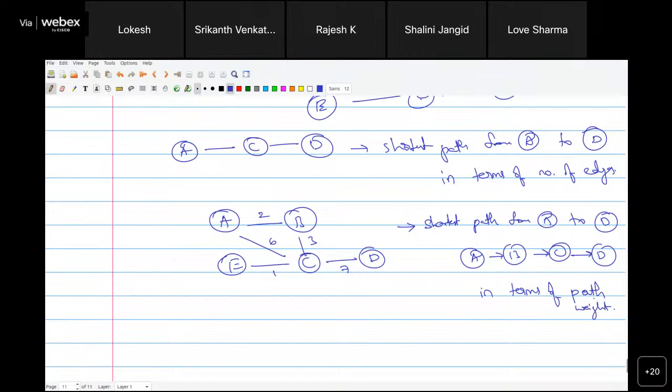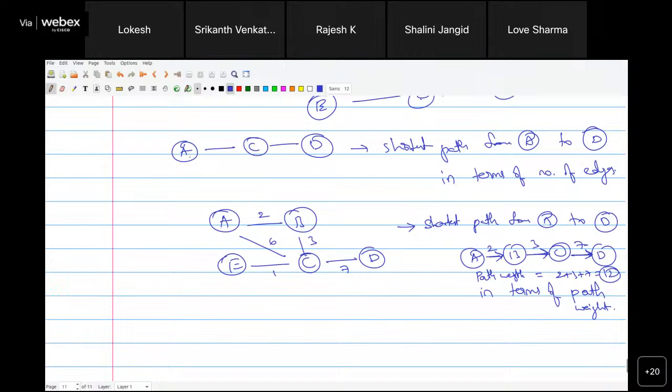Path weight is the sum of the weights of all the edges in the path. So you see, this is the path, and this edge weight is 2, this edge weight is 3 and this edge weight is 7. So the total path weight is 2 plus 3 plus 7, which is 12.